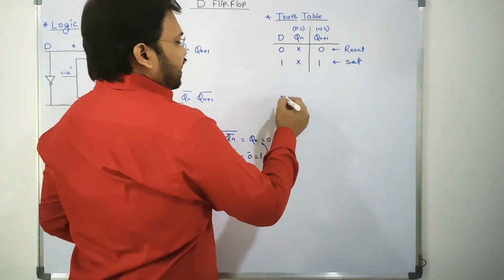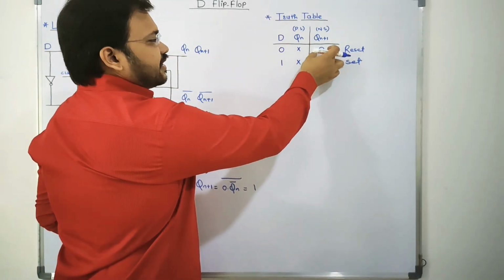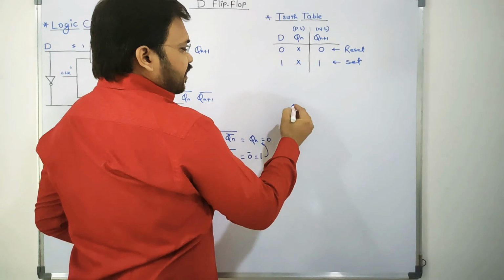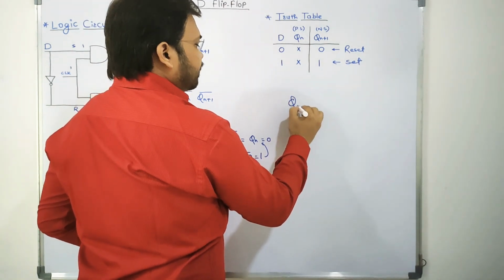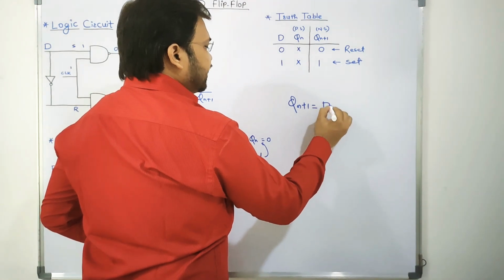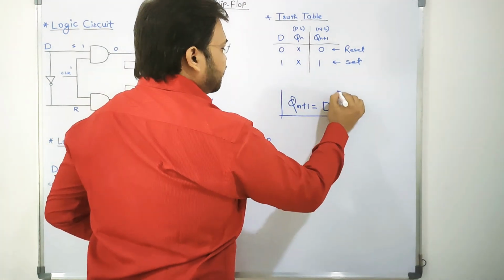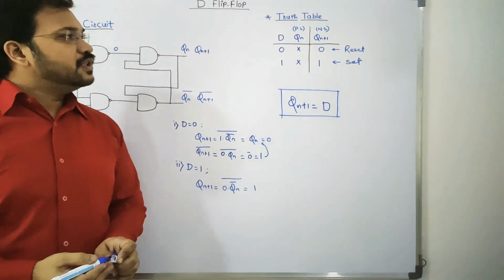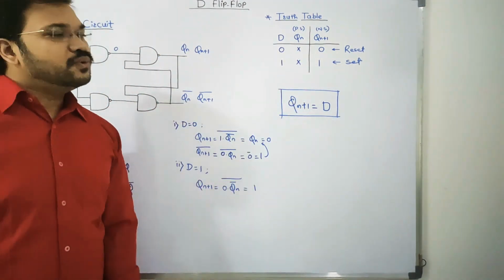But here it is very clear that the next state and the input are the same. That's why Qn plus 1 equals D. This is the equation for the D flip-flop.